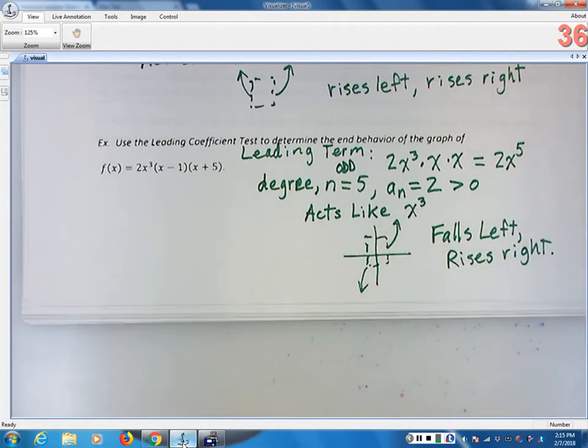Okay, and then the slideshow is going to show us the picture of that. Now you could also type that in your calculator, y equals, and graph it. But in order to see it clearly, you're going to have to get the right scale on the graph to see it nicely. So, falls left, rises right.